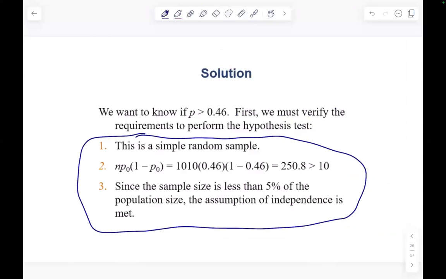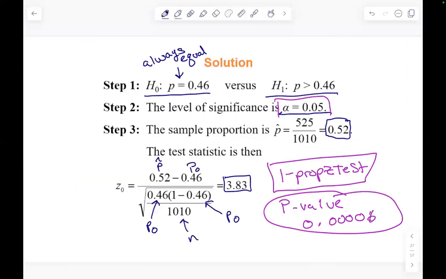What you need to show me is the hypothesis test. You need to show me your null and your alternative hypothesis. I want you to state what your alpha is. I want you to show me that you've calculated p hat.